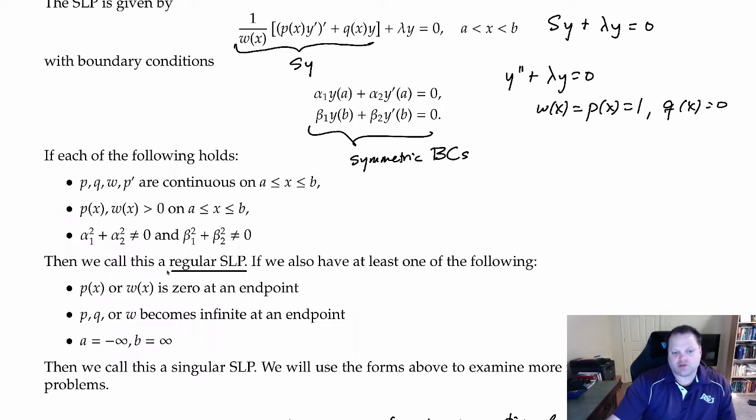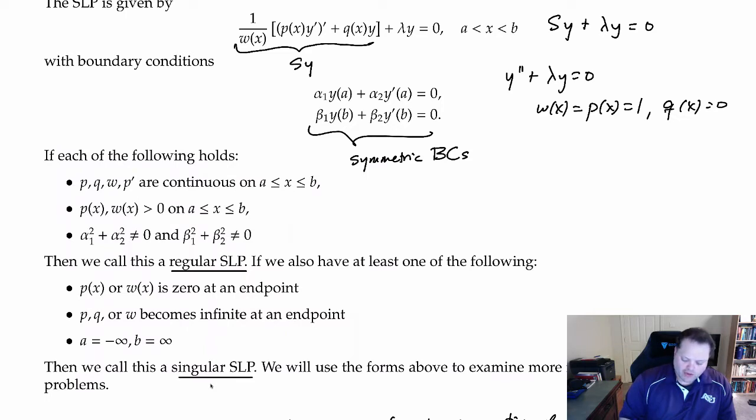Which means they're not going to be regular. But if p vanishes at the endpoint, or w vanishes at the endpoint, or they become infinite at an endpoint, or you're on an infinite interval, then the problem is called singular.